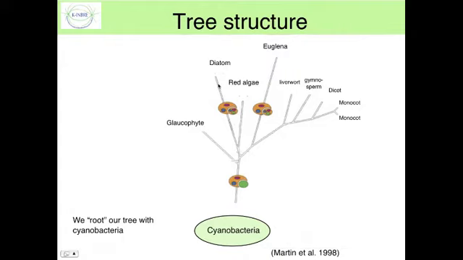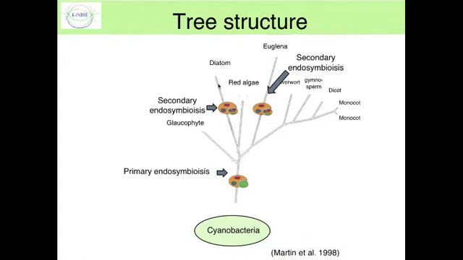These inner symbols here represent endosymbiotic events. So the primary endosymbiotic event occurred here when the ancestral eukaryote phagocytized a free-living cyanobacteria, and all of these lineages are believed to derive from that in terms of their chloroplast genome.